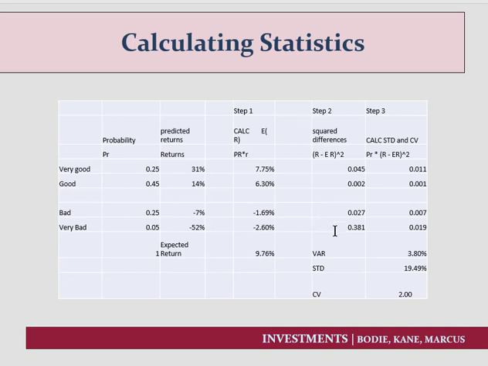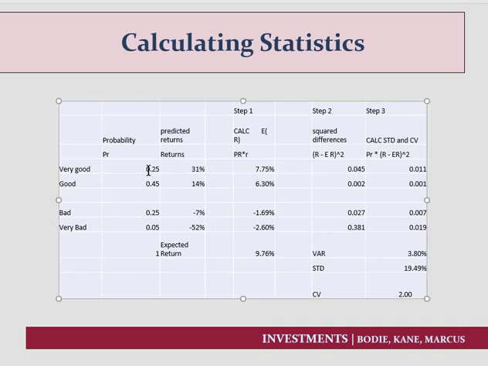In step 2, what you can do is find the return, 7.75%, minus the expected return, 9.76%, and square that difference. That's what these cells are, right? Then we want to find the probability that that difference occurs. So you take this number and multiply it by the probability. That's step 3.